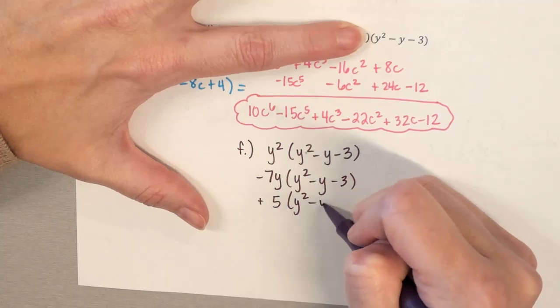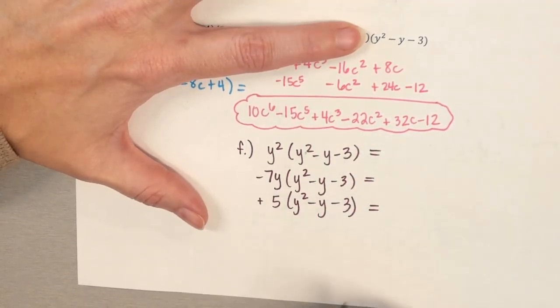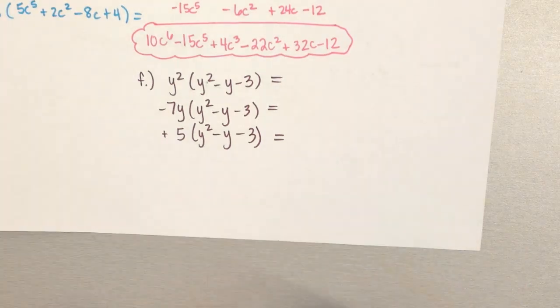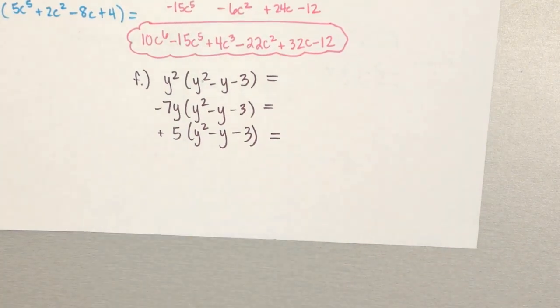And again, if you're doing this from your textbook, that just helps you line everything up. Okay, so I'll give you a minute to multiply those, and we'll check them together.